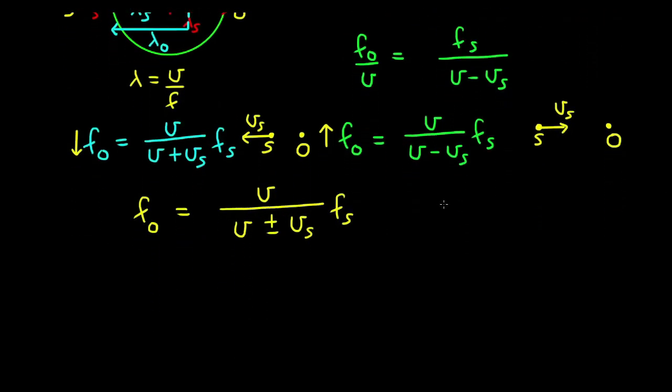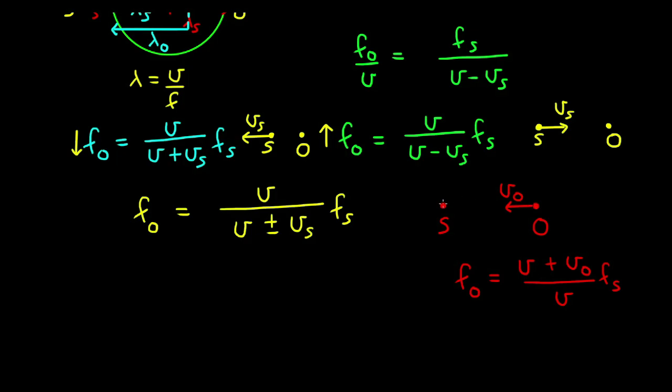Now in the case where you have the source being stationary and the observer is moving towards the source, then you'll get a similar expression with the frequency heard by the observer. We'll have the speed of sound plus the speed of the observer, being vO, over the speed of sound by the frequency of the source.